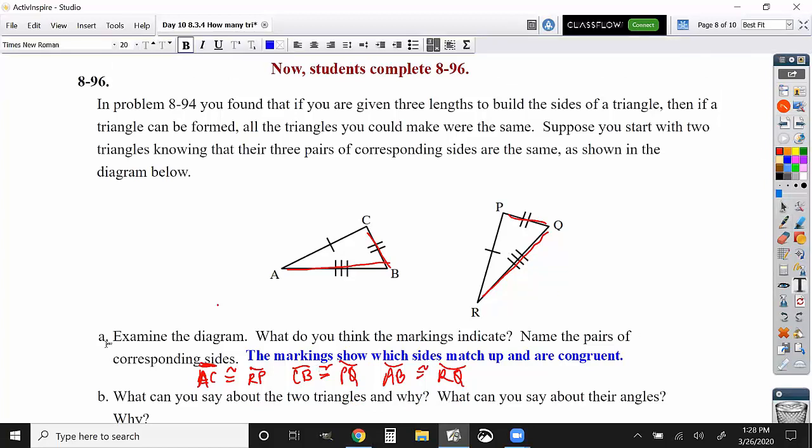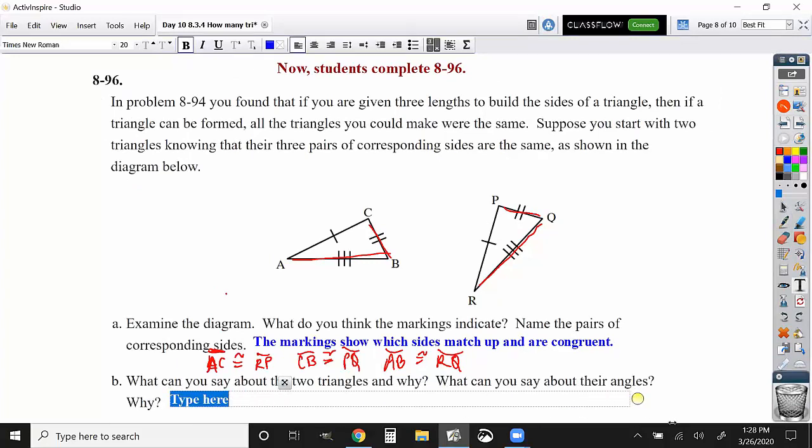So what I would put here is I would say that by side, side, side, since they have three sets of corresponding sides, triangle ABC is congruent (the same as, is identical) to triangle, let's see, A to B to C, RQP, period.